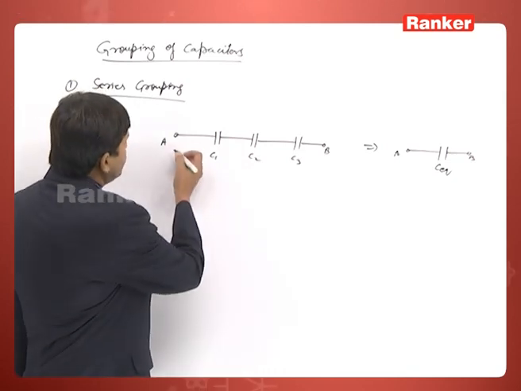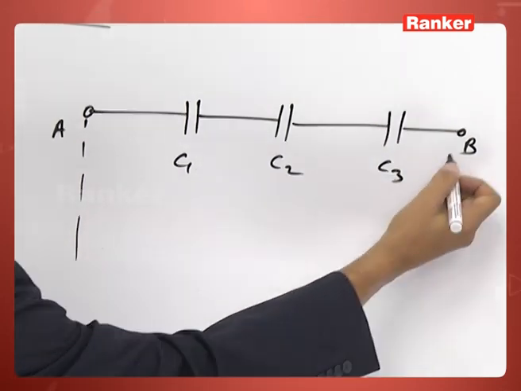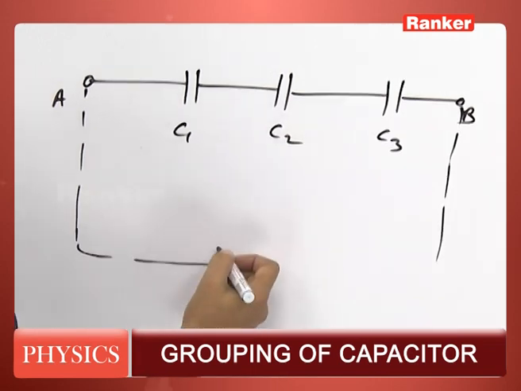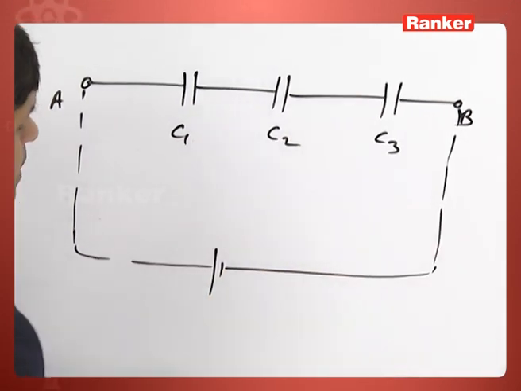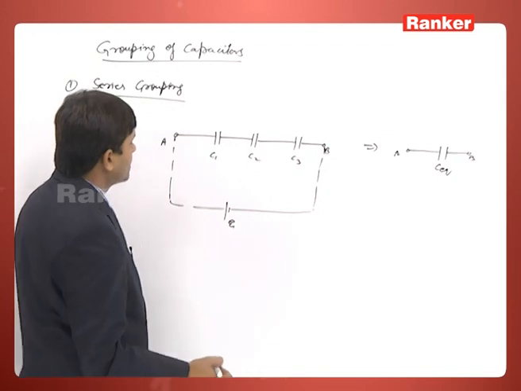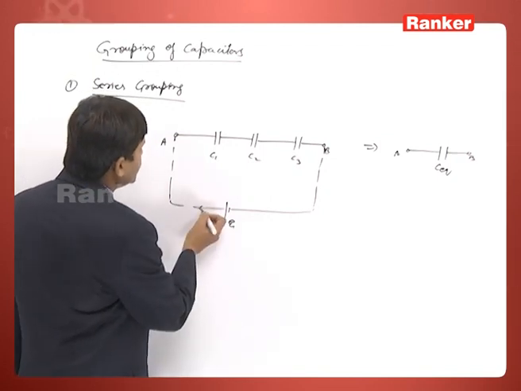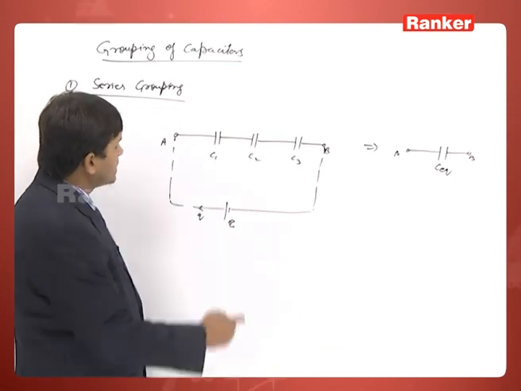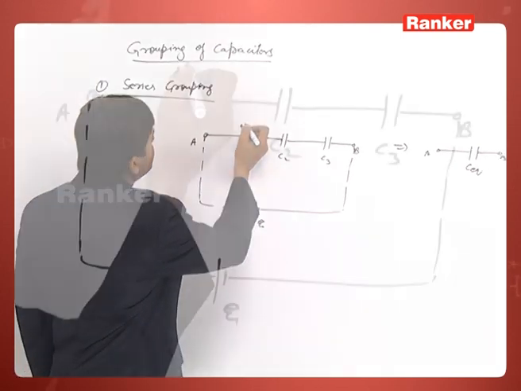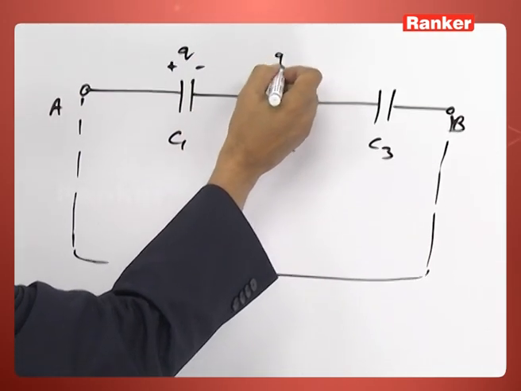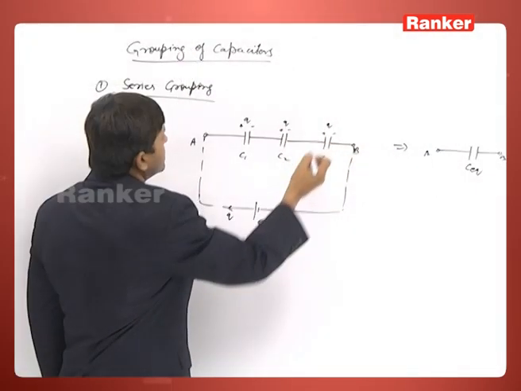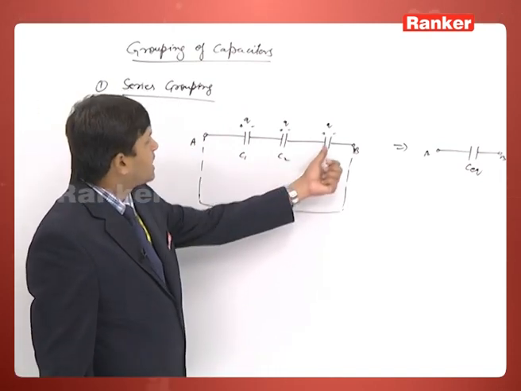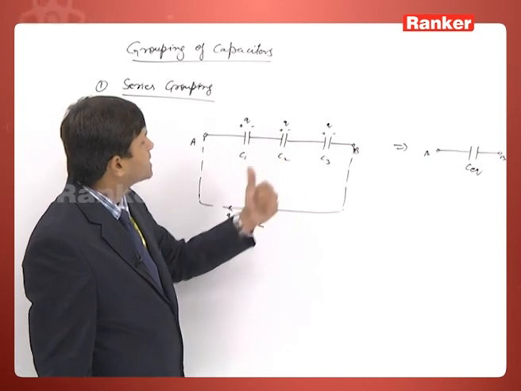See, if I am connecting the ends of this circuit with a cell of EMF E, and through the cell at steady state a total charge Q flows, then that Q charge will appear on these plates like this. The charge on each of the 3 capacitors will be the same. That can give you an idea that these are in series.